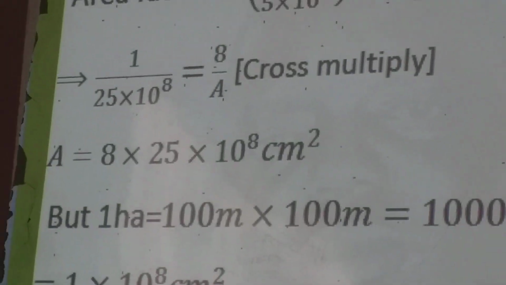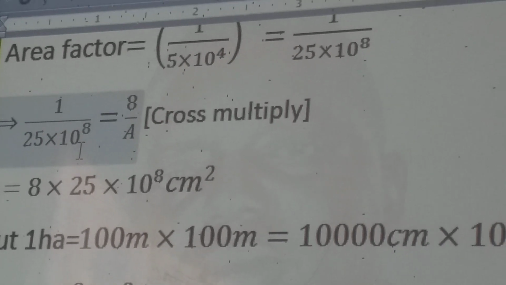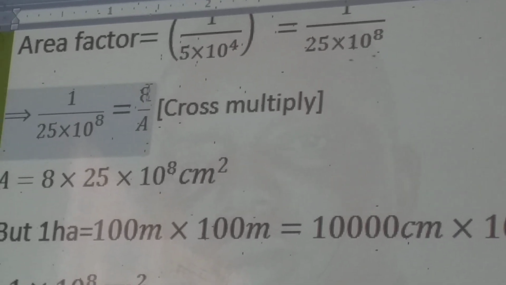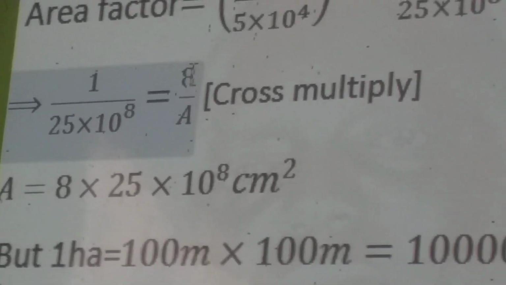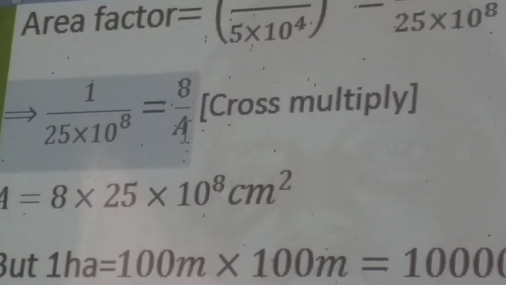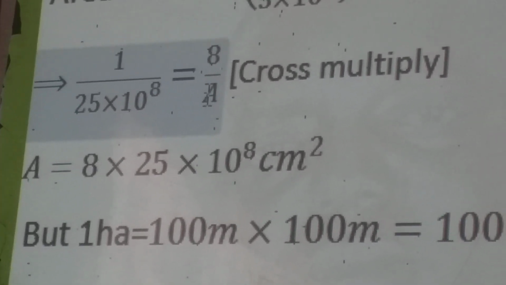So the area factor 1/(25 times 10 to the power 8) is equal to 8, the area on the map, over capital A, the larger one. That is the actual area.